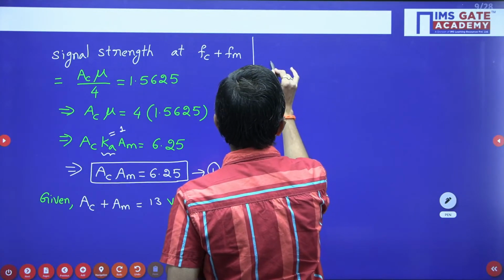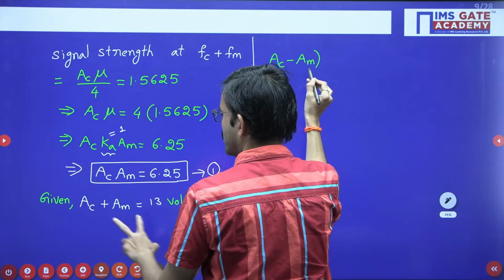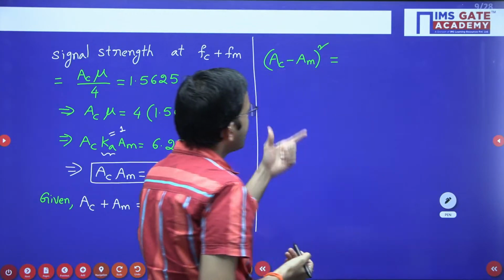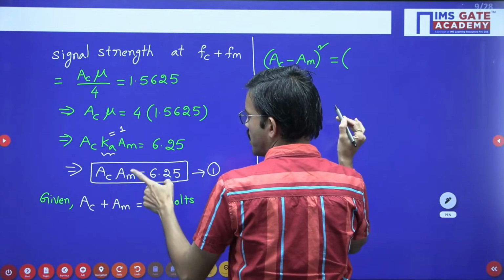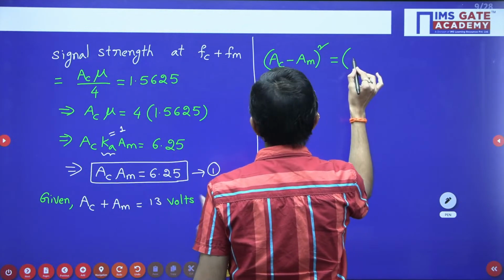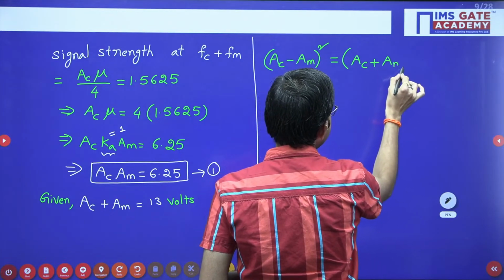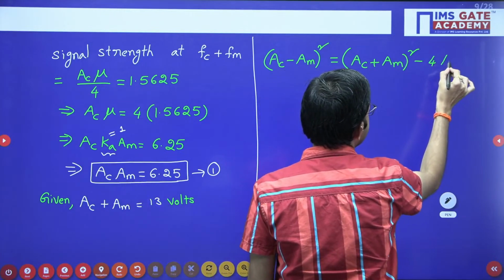You might have studied this formula, for the difference of these two, perform the square: A minus B whole square. When you have such relations, we can represent it in this format: A plus B whole square minus 4 times AB.